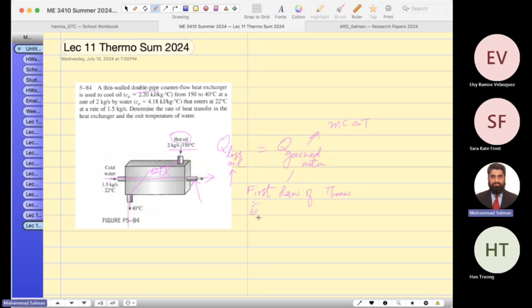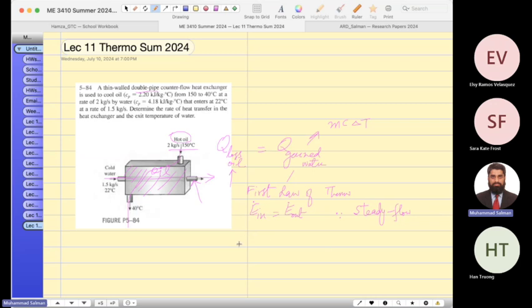Rate of energy in equals rate of energy out, since it's a steady flow. In steady flow, the mass inside the container remains the same at any time, and the energy of the container remains the same at any time.